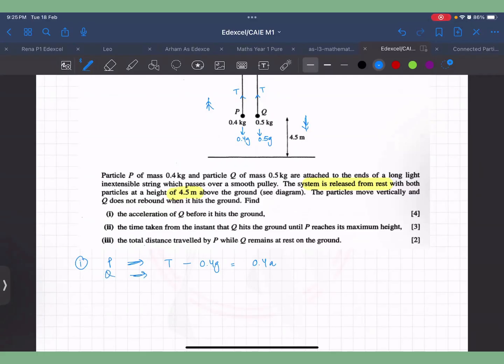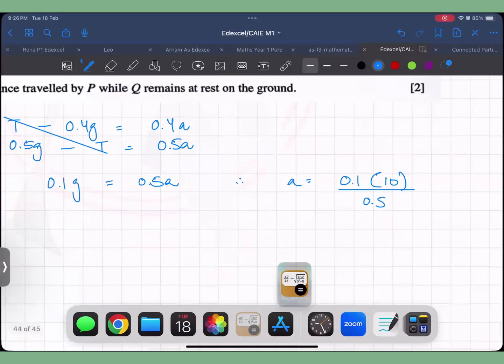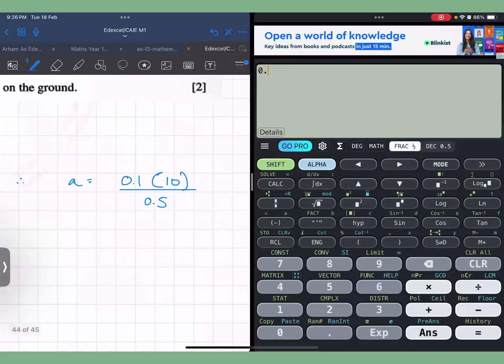And for Q, if Q is going down, so weight component is bigger. So 0.5 g minus tension equals 0.5 a. So when you add them up, tension cancels out. 0.5 g minus 0.4 g, so 0.1 g equals 0.9 a. So a comes out to be 0.1 times 10 divided by 0.5, so 1 divided by 0.5.